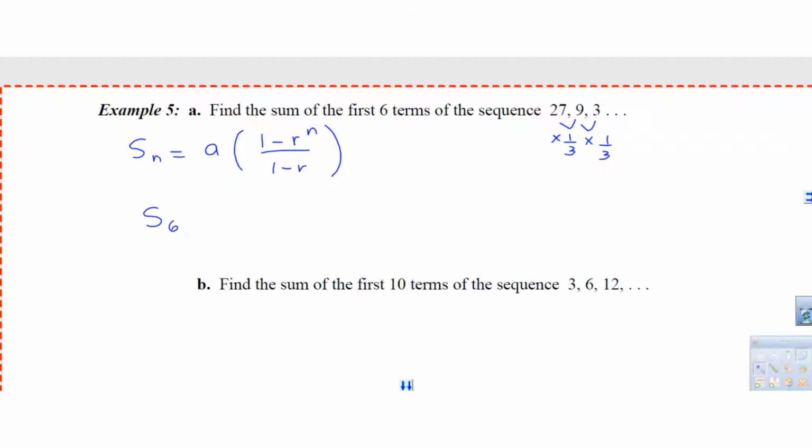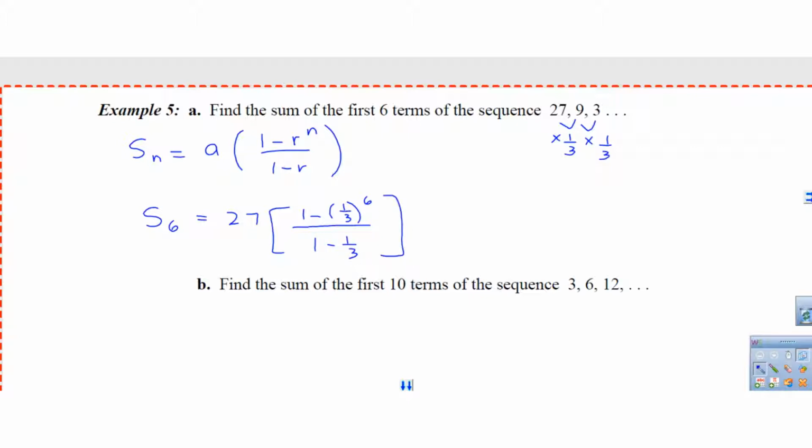So my n is 6, S of 6 is equal to the first term, which is 27, then I'm going to make that parenthesis a bracket because it's going to get complicated. So it's 1 minus, in parentheses, 1/3 raised to the n, which is what? Tell me. It is 6, yep, over 1 minus 1/3.